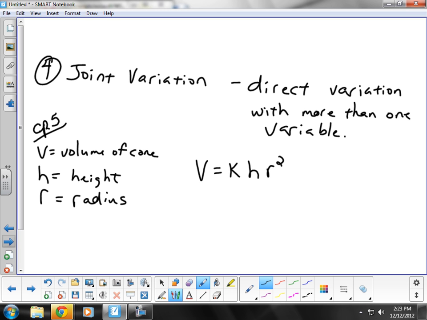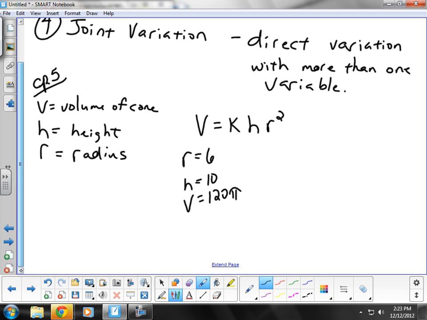It says a cone with a radius of 6 feet and a height of 10 feet has a volume of 120 pi cubic feet. So what am I going to use that piece of information for? To find K. Okay, so I've got 120 pi is equal to K times 10 times 6 squared.